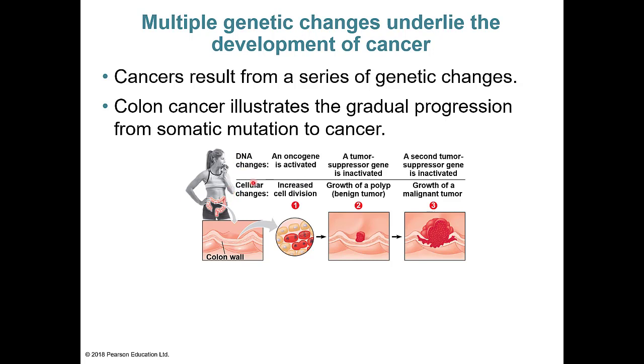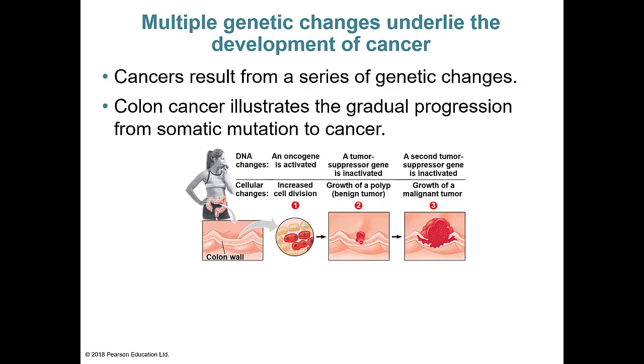At the DNA level, we see the oncogene is activated. That causes an increase in cell division. We also see a change in DNA that can suppress that tumor suppressor gene, inactivate that, and we see the growth of a polyp. And then a second tumor suppressor gene could be inactivated that would allow the growth of what we call a malignant tumor.